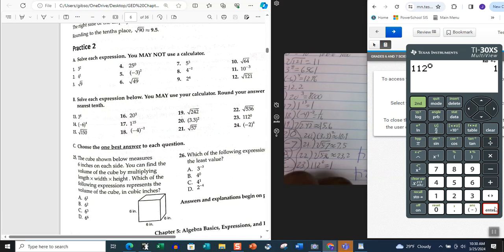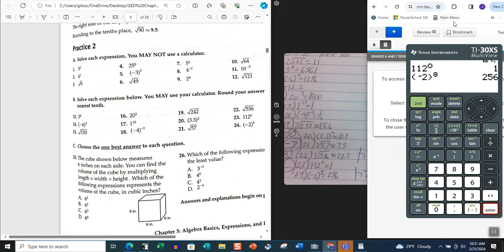Now for problem 24, we have -2 to the 8th power. So we'll put in parentheses, -2, close the parentheses, exponent key, 8th power, enter. So it's 256. And that took care of problem 24.